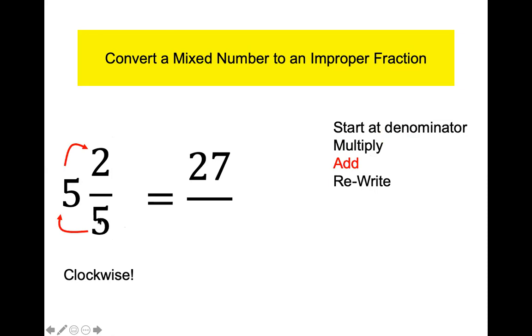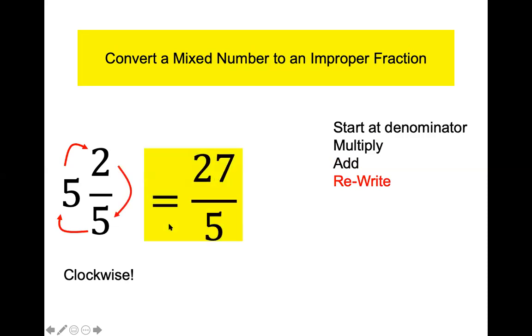And I continue this circle all the way back to the old denominator, and that becomes the new denominator. So I call this the circle method, and I always go clockwise. Once again, it's denominator times whole number plus numerator, all over denominator.